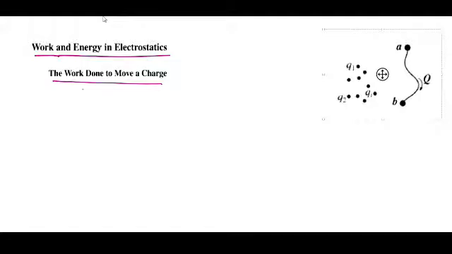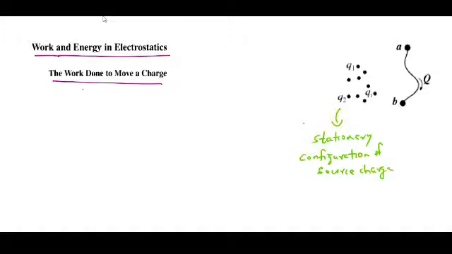Suppose we have a stationary configuration of source charges. These are the stationary configuration of source charges, that is Q1, Q2, Q3 up to Qi, and all these charges produce an electric field in this region.